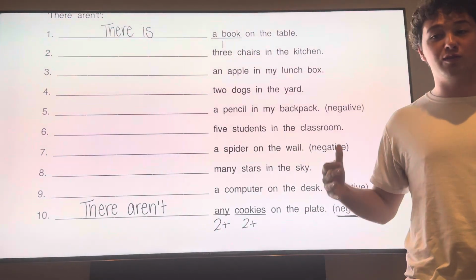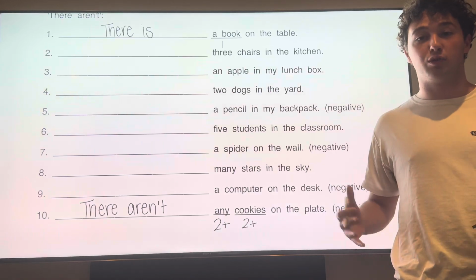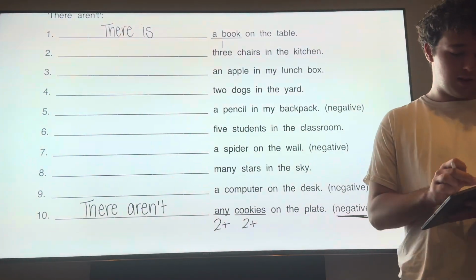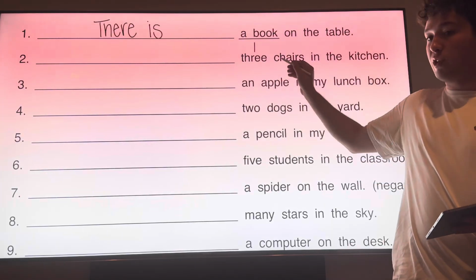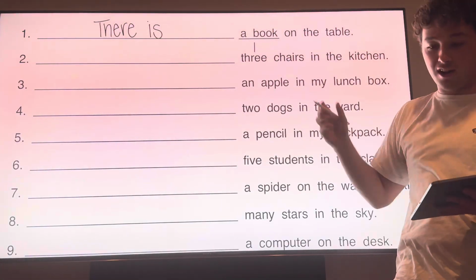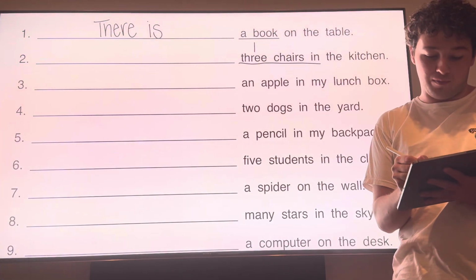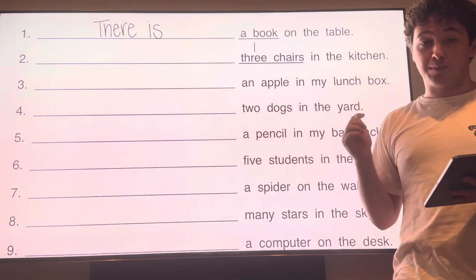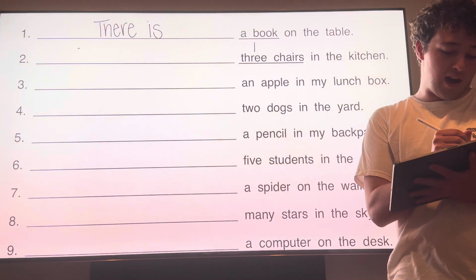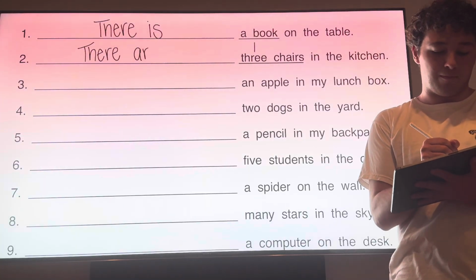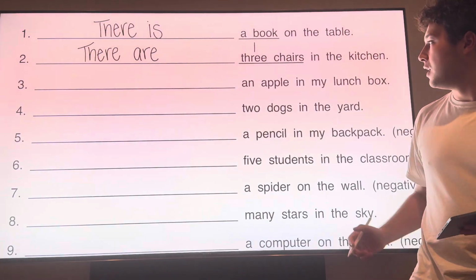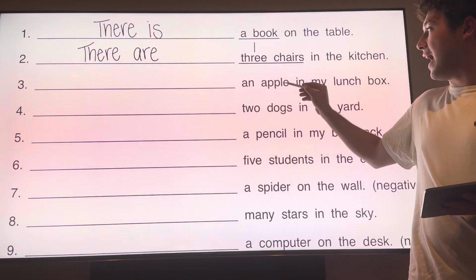Okay, so now that you've completed this exercise, let's go through the rest of the problems together. All right, number 2, the object you see is 3 chairs. 3 chairs. That is plural. And it's positive, so it would be there are. Okay, next one you see is an apple.